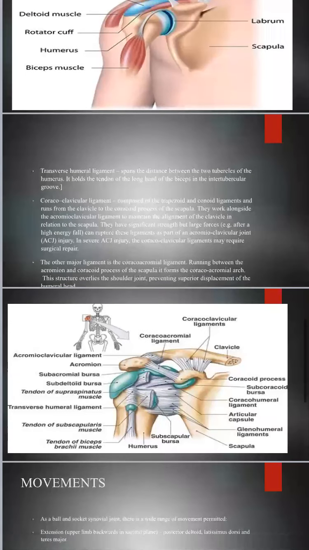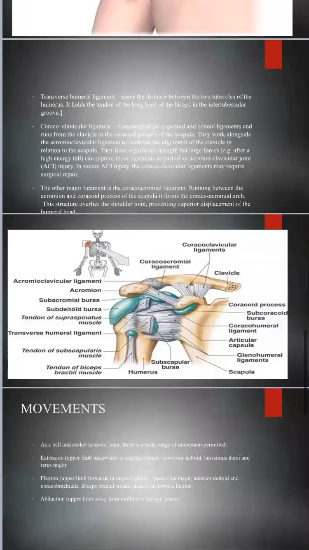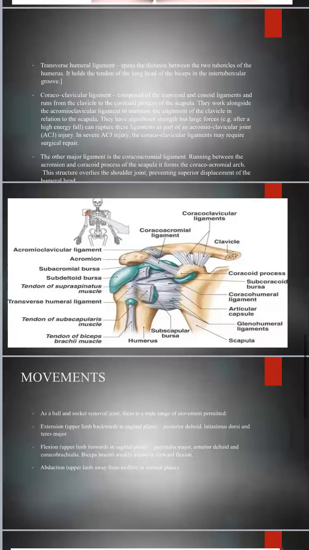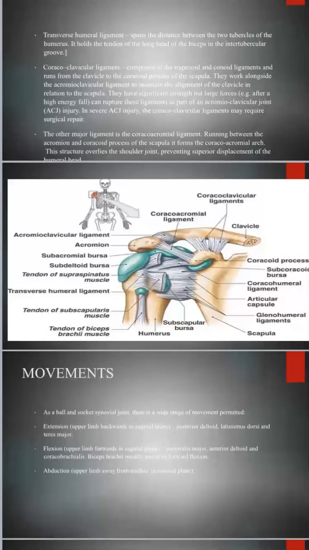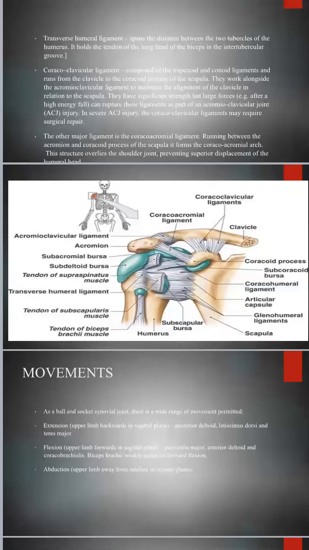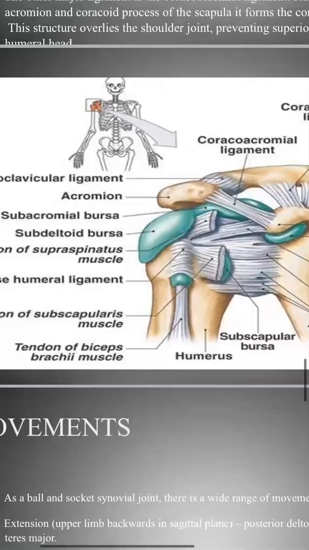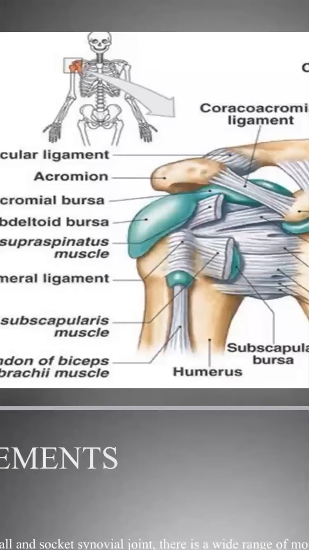Next one is the transverse humeral ligament. It is present between the two tubercles and it holds the tendon of the long head of biceps in the intertubercular groove.